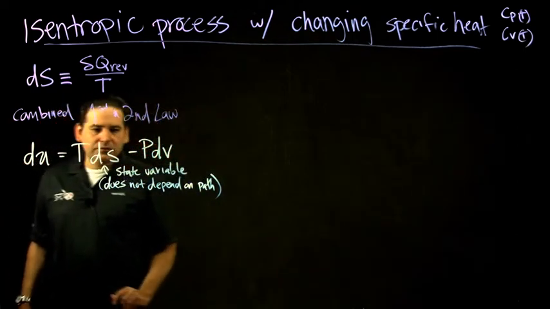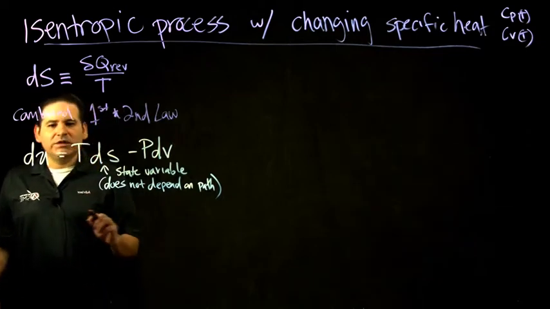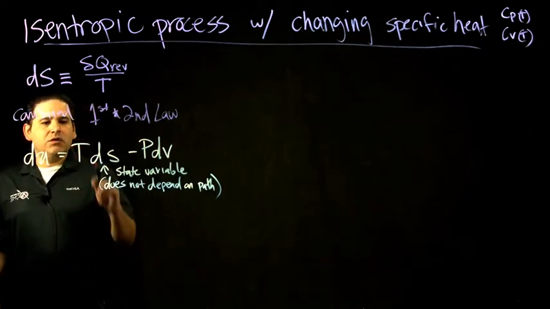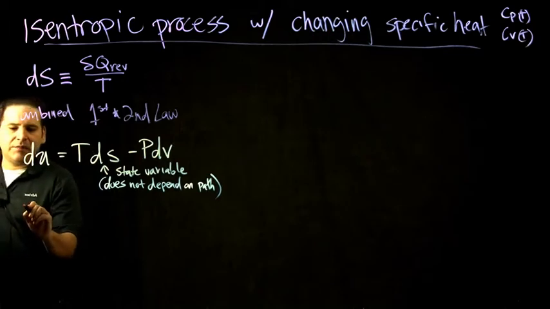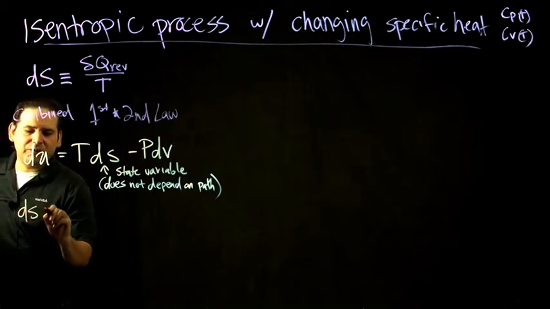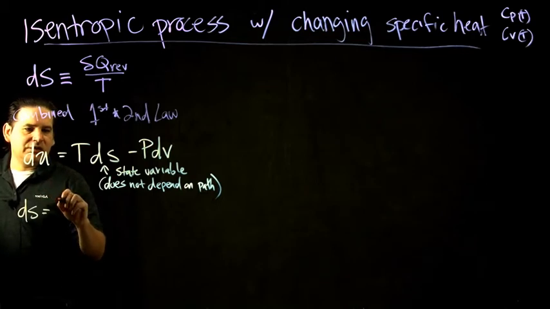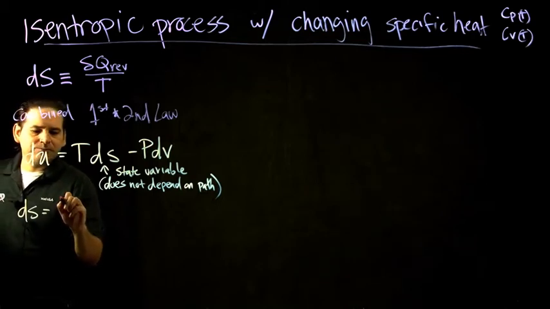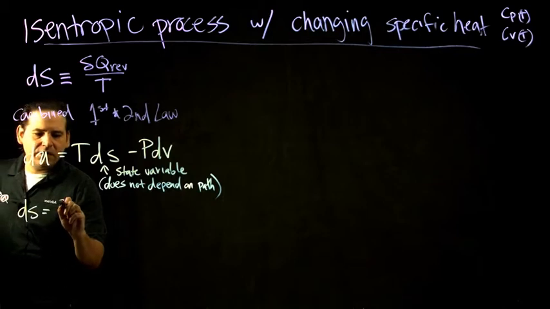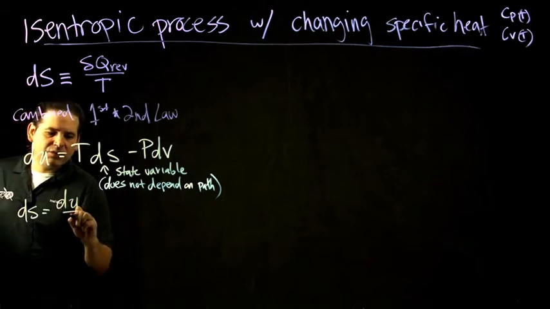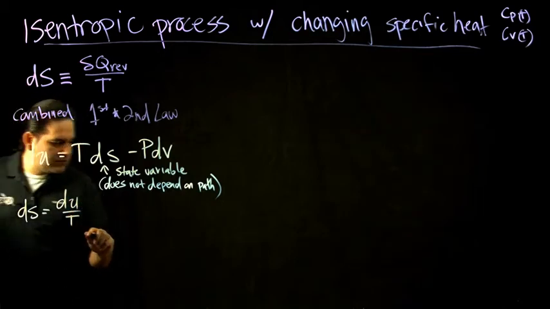So now, as we did previously, you can then use this to get some idea of some change in entropy in terms of state variables. So the way that this is written, you can say that this is a change in entropy you can relate to a change in internal energy.